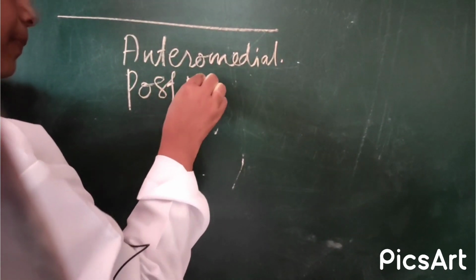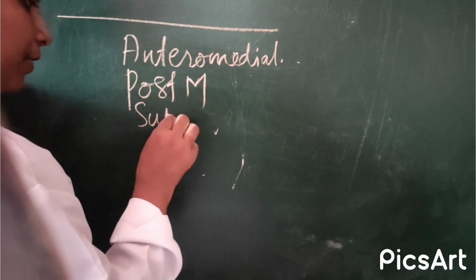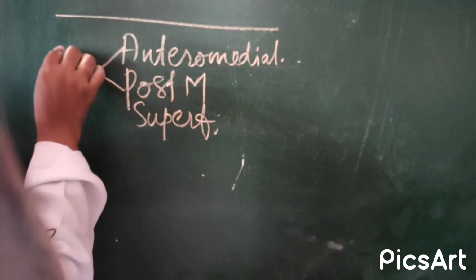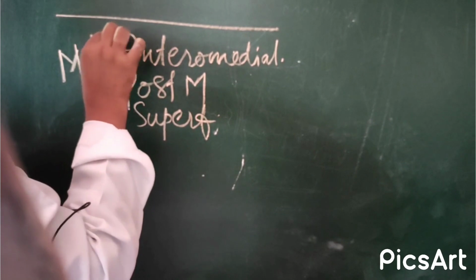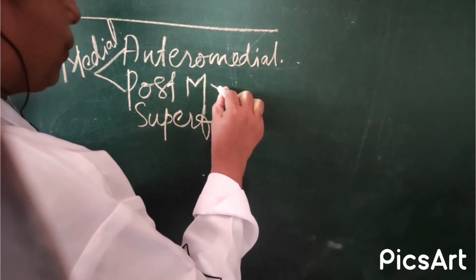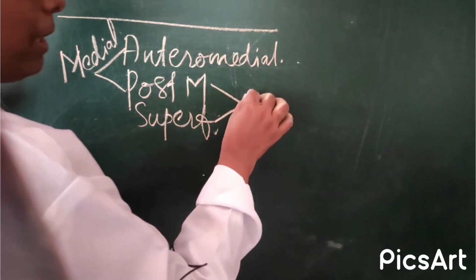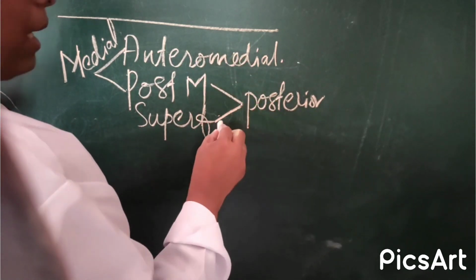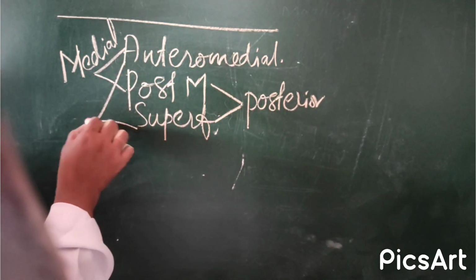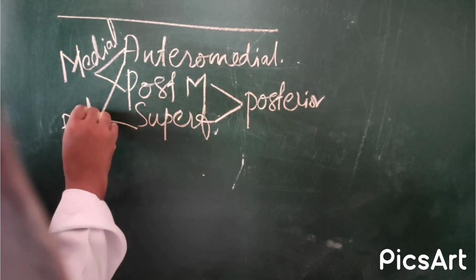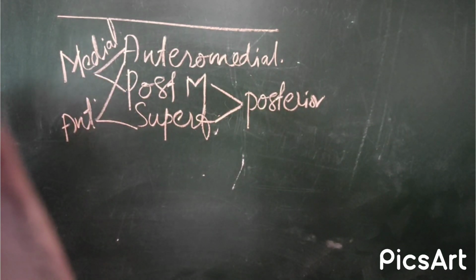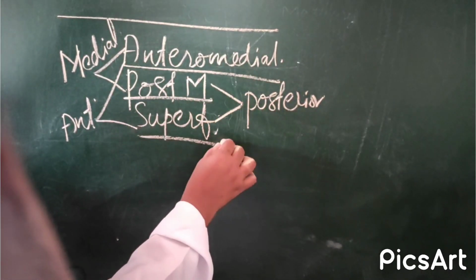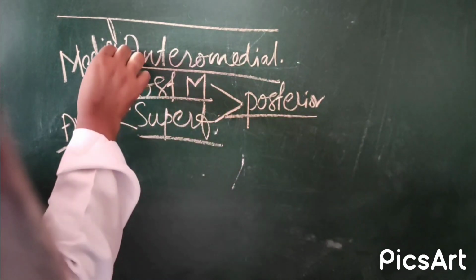The anteromedial and posteromedial surfaces are separated by means of the medial border. The posteromedial surface and the superficial surface are separated by means of the posterior border. The anteromedial and the superficial surfaces are separated by means of the anterior border. These are the borders of the parotid gland: anterior border, posterior border, and medial border.